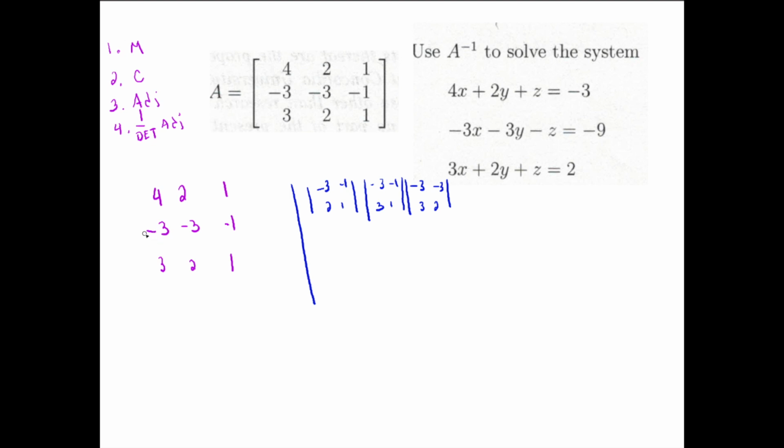Now for the second row, cross out this row and the first column. We have 2, 1, 2, 1. For the middle one, cross out the middle column, middle row. 4, 1, 3, 1 is what's left over. Now for here, cross out this and this. We have 4, 2, 3, 2.